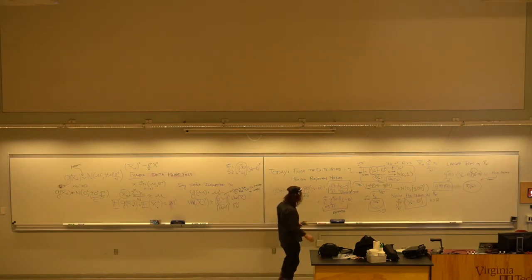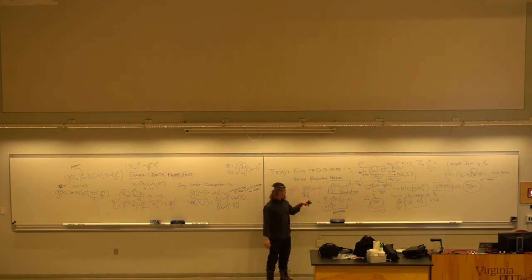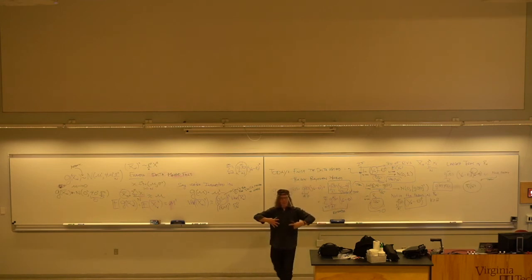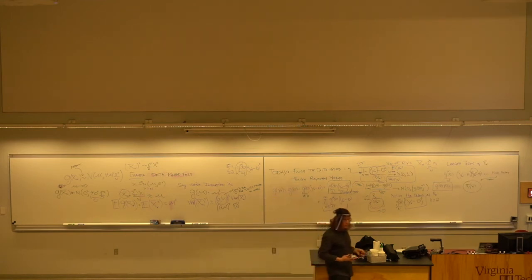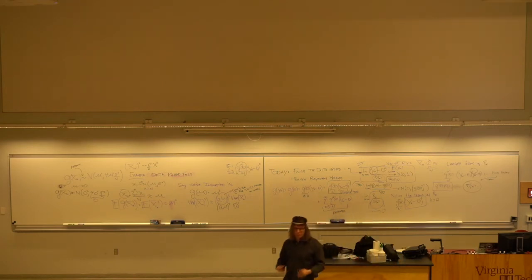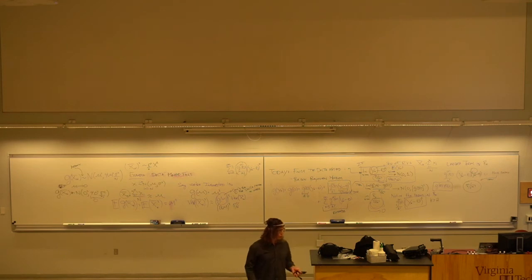Why not use the second order term in all cases? You have a better Taylor expansion, but if this wasn't 0, this is normally distributed, this is chi-squared distributed, and you would add together a chi-squared distribution with a normal distribution. That's certainly some distribution. I don't know what it is. Back in the 60s, people didn't know what it was, and it wasn't entirely useful to them.